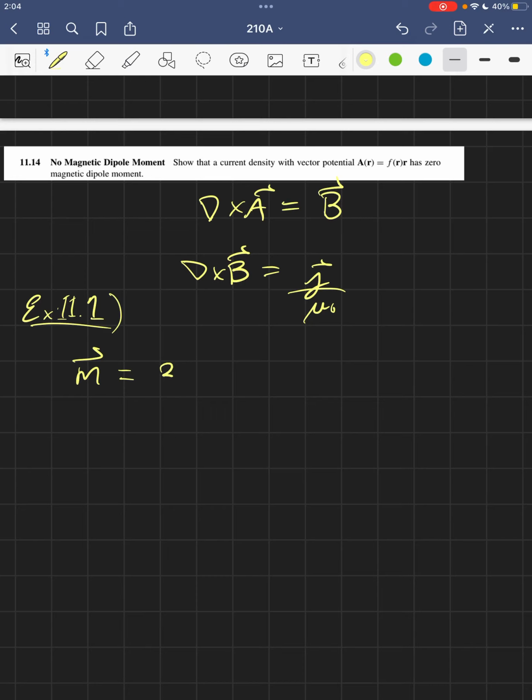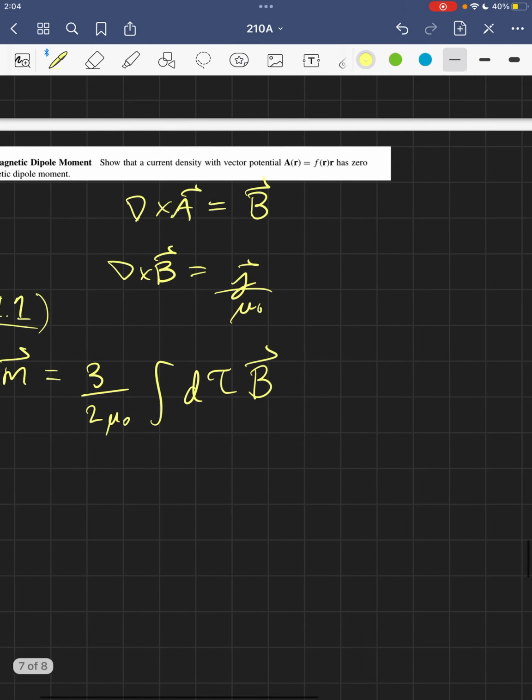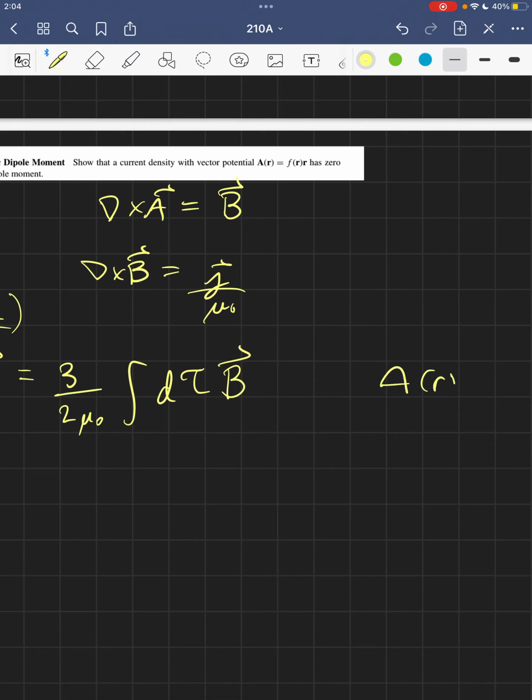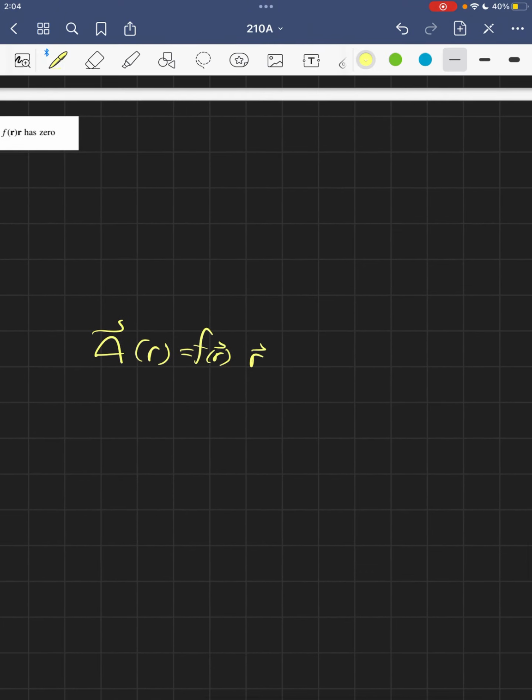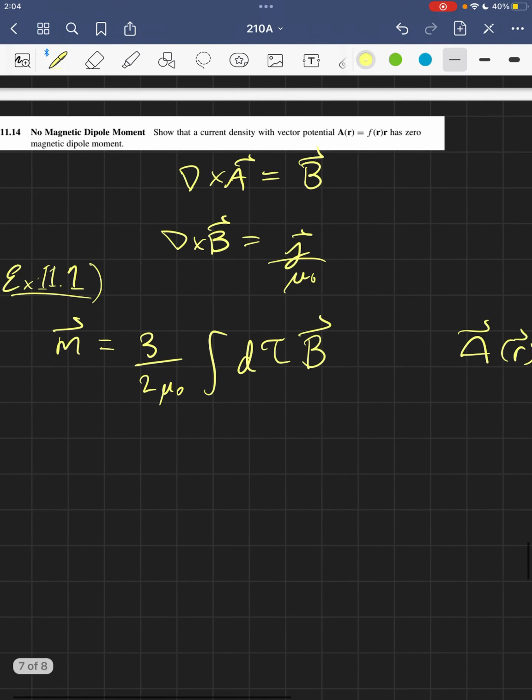You can use this identity. So this is the vector potential, right? A(r) is equal to some function f of r times the vector r.